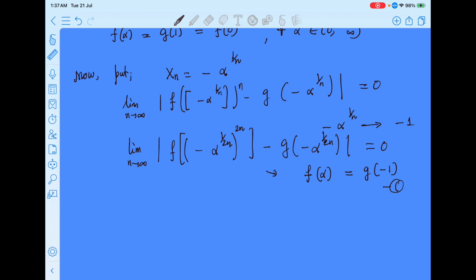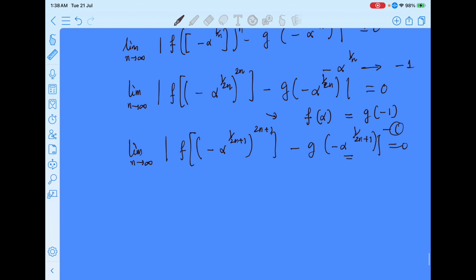That is not very useful, but if we use odd, f of minus alpha power 1 by 2n plus 1, power 2n plus 1, minus g of minus alpha to the power 1 by 2n plus 1 is 0, then we know that limit n tends to infinity, f of minus alpha minus g of minus alpha by 1 by 2n plus 1, and this goes to minus 1.